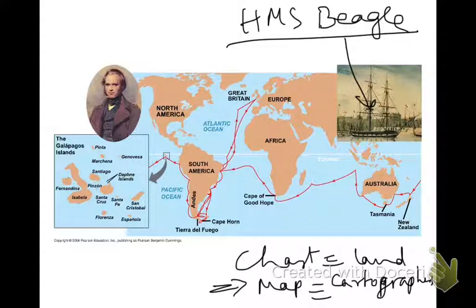Okay, so his route started with Great Britain, then went over towards South America, then to the Cape of Good Hope, into the Polynesian Islands, or very close to that, and then Australia, and then from the other side he came on to the other side of the continent of South America, and down to the bottom to Cape Horn, and then back again to Great Britain. Okay, so this was his journey.